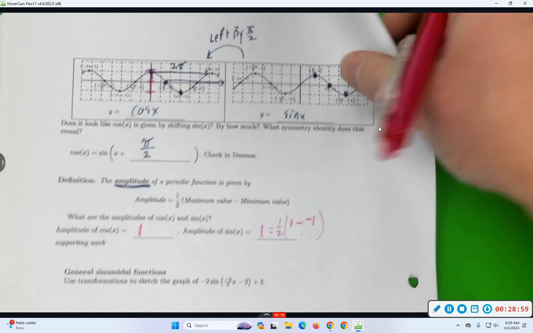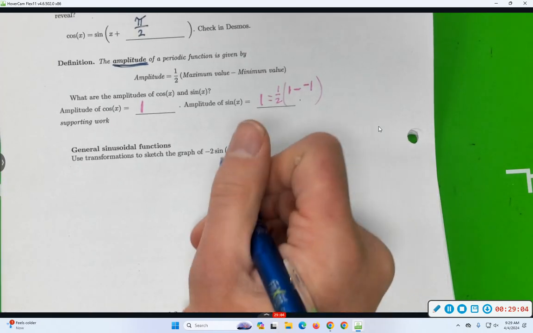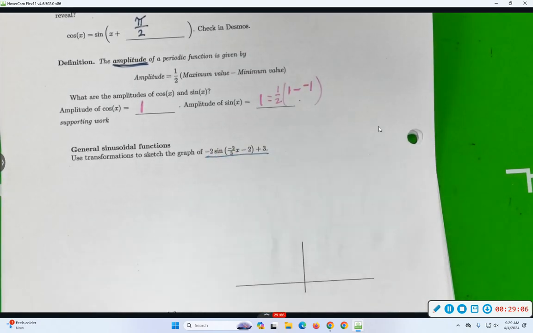Awesome. All right, so a general sinusoidal function is a function that looks like this. Something that's a shift and stretch of a sine function or a cosine function. Let's talk about how to graph them, and in particular, how to extract their period and amplitude.